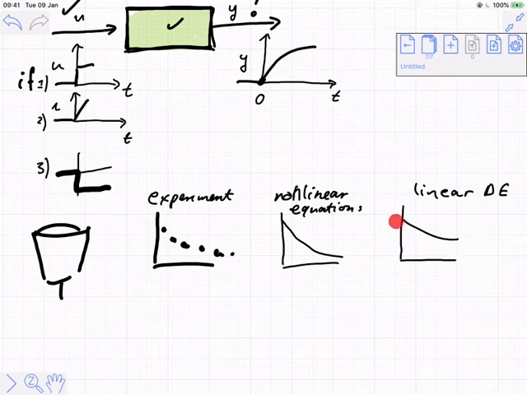And so you'll see that we get many of the same characteristics in multiple different ways.